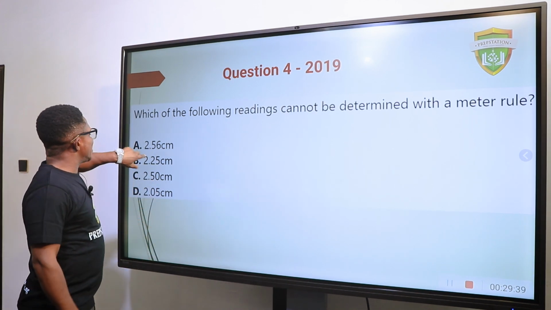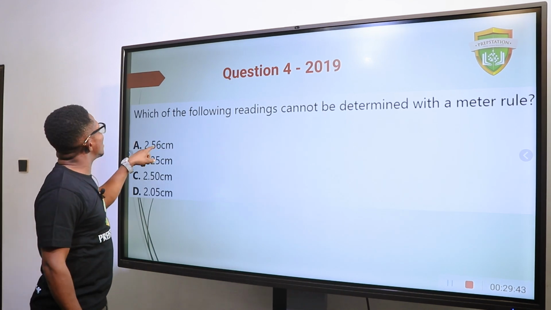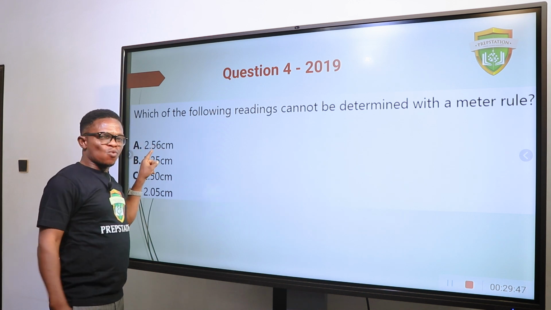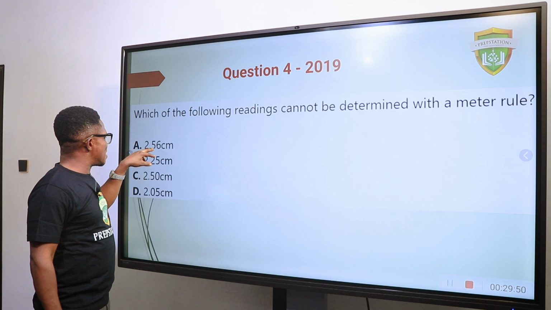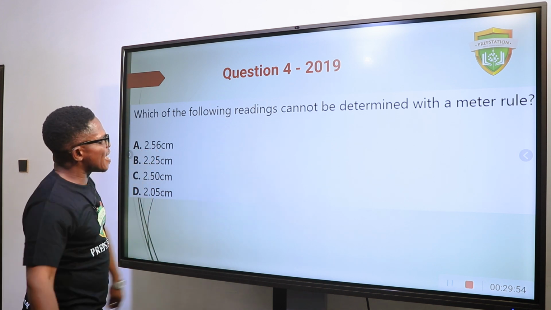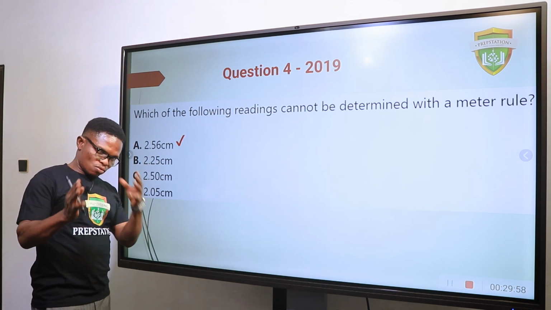So the one that will be difficult to determine is 2.56 because you cannot tell exactly where this additional 0.01 will be coming from. It's only vernier caliper that can give us this reading. So the difficult one here is 2.56. Hope you got that.